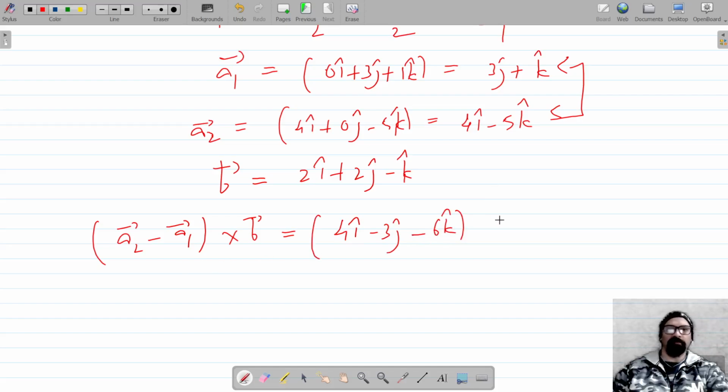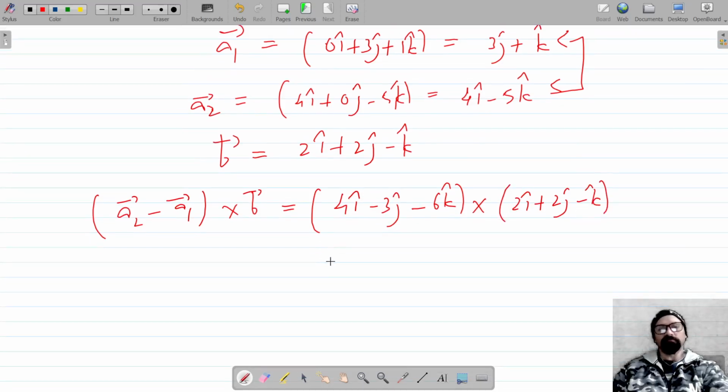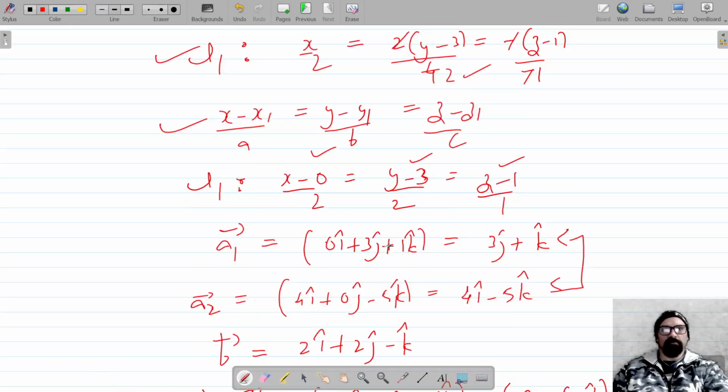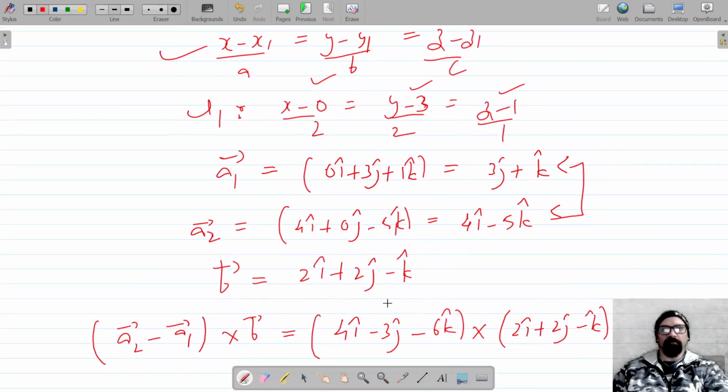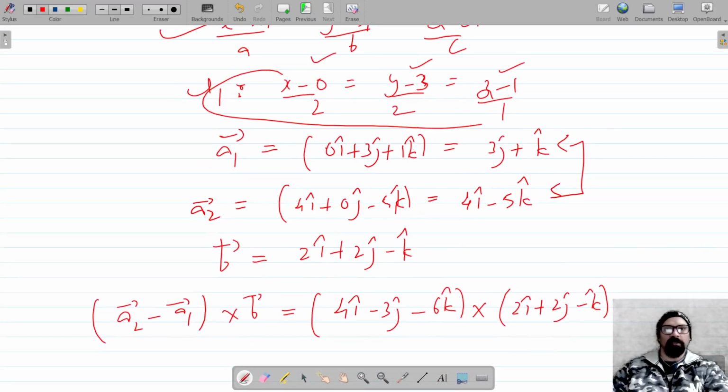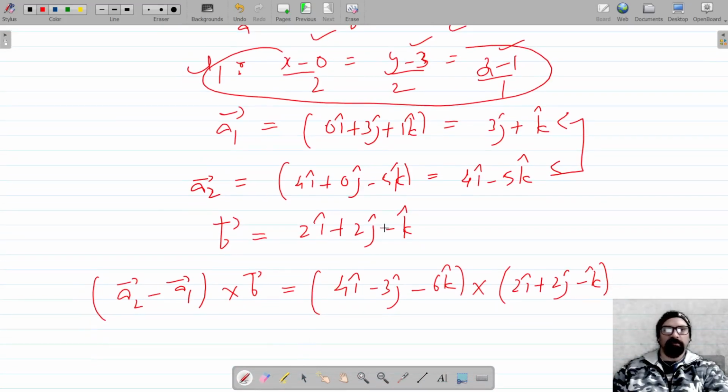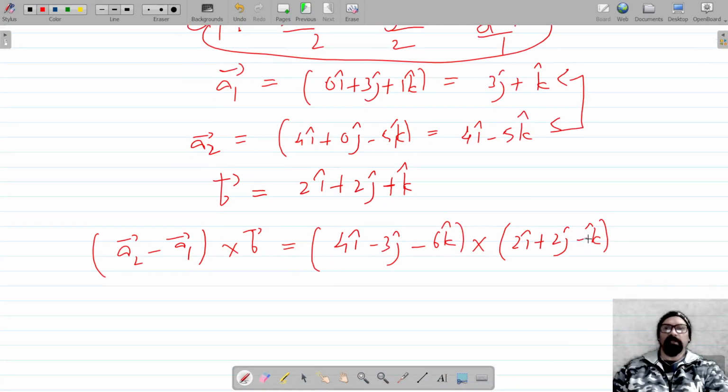So this is A2 minus A1. We have to find its cross with 2 i cap plus 2 j cap plus k cap. So 4i minus 3j minus 6k is cross with 2i plus 2j plus k.